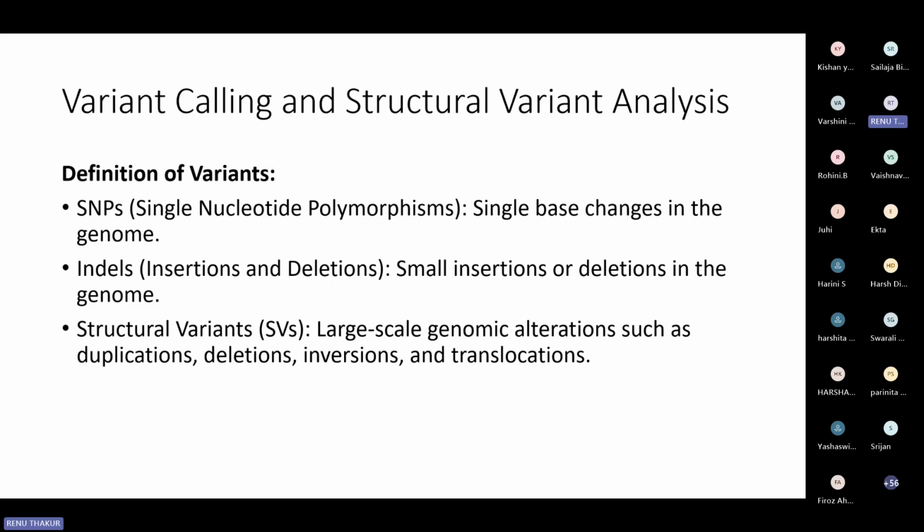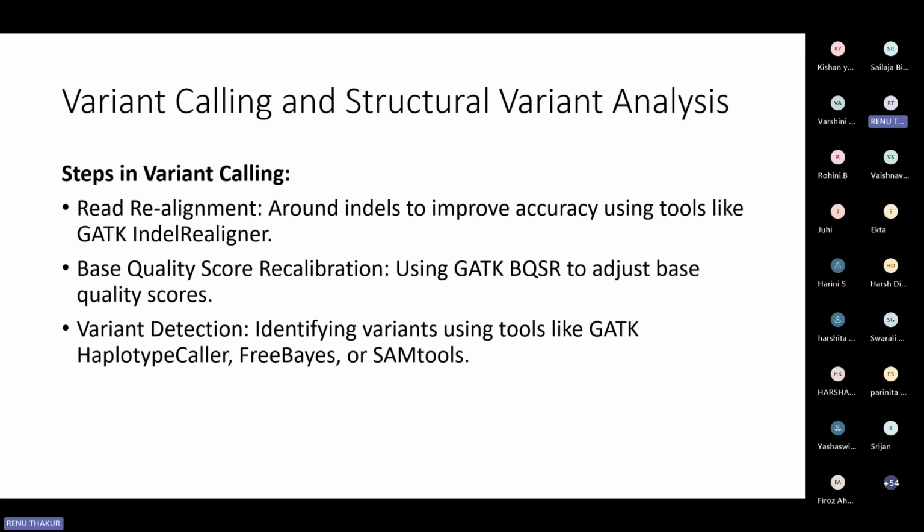Or a deletion may happen, where a segment of a gene or a segment of sequence got deleted, or a sequence may be inverted, made different, or translocated. Okay, so these are the possibilities in genetics we should take into account. Ultimately we are playing with genes, we are playing with genomes, so these are the parameters we should note down. Okay, so the steps in variant calling begin with read realignment. So you have an alignment mapping.